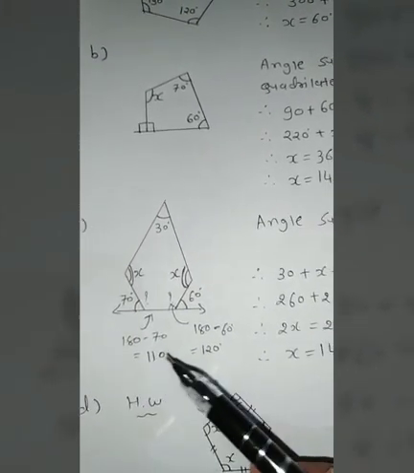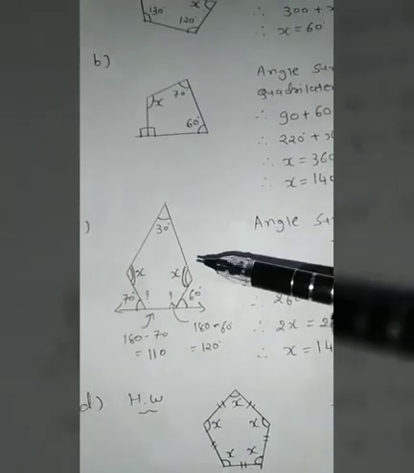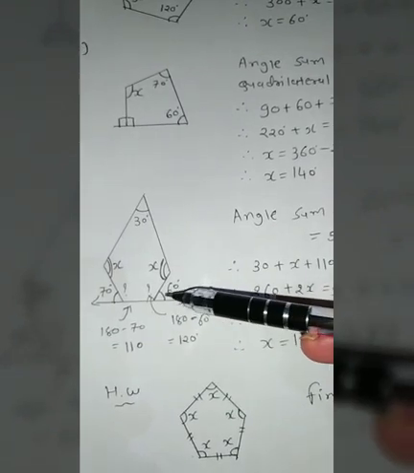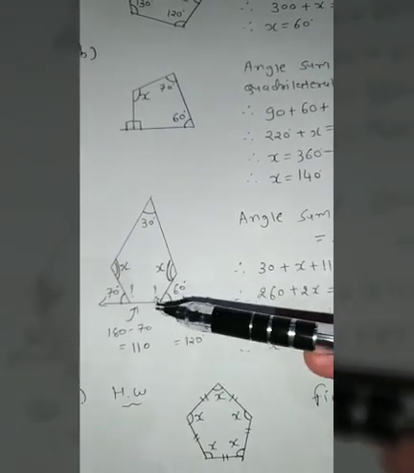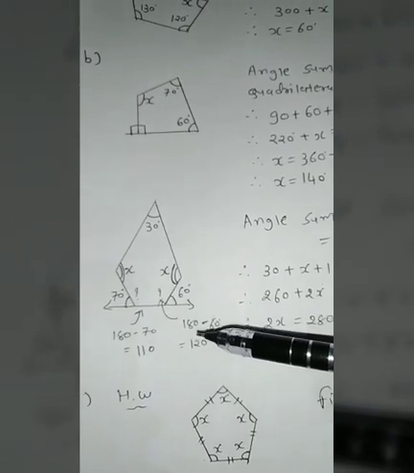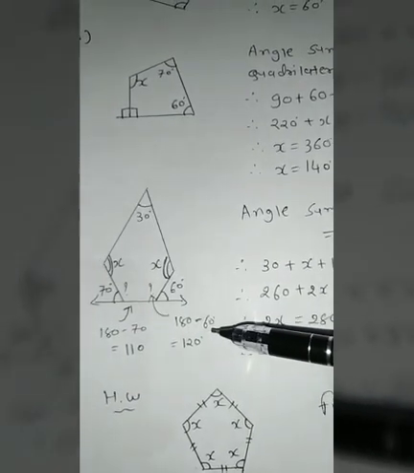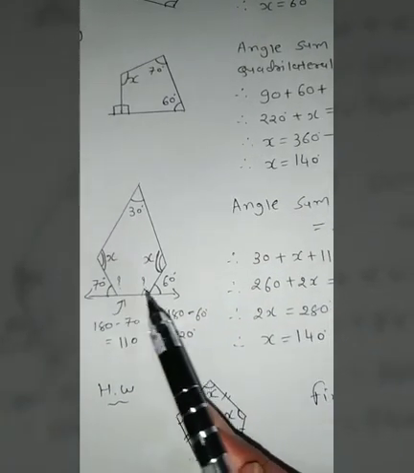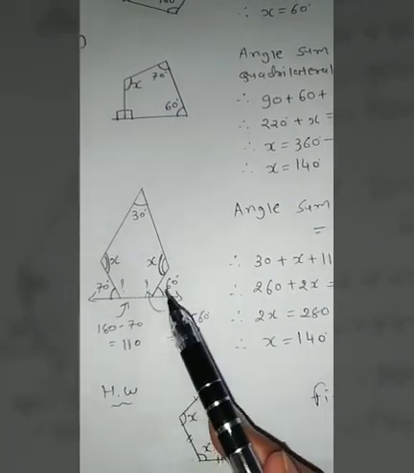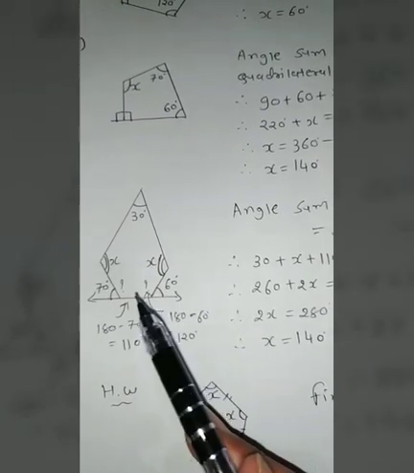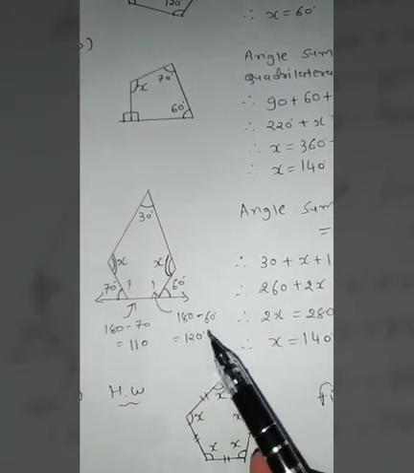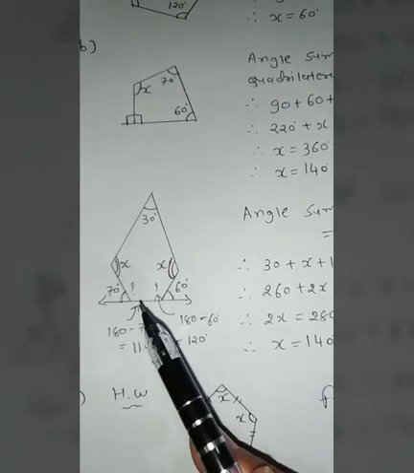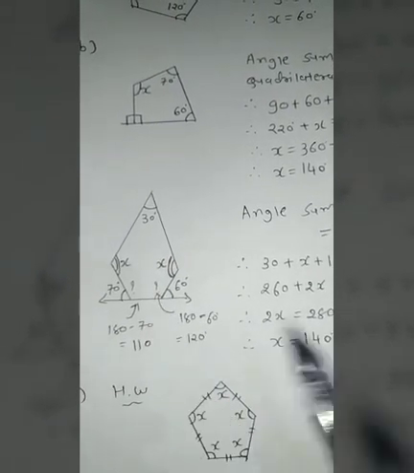It gives 110. And in this angle, the linear pair is 60 and this is the question mark. So the question mark's value is 180 minus 60 because these two are linear pairs, which are situated on one line and make two consecutive angles. So 180 minus 60 is equal to 120. In this way, we can find this unknown angle.